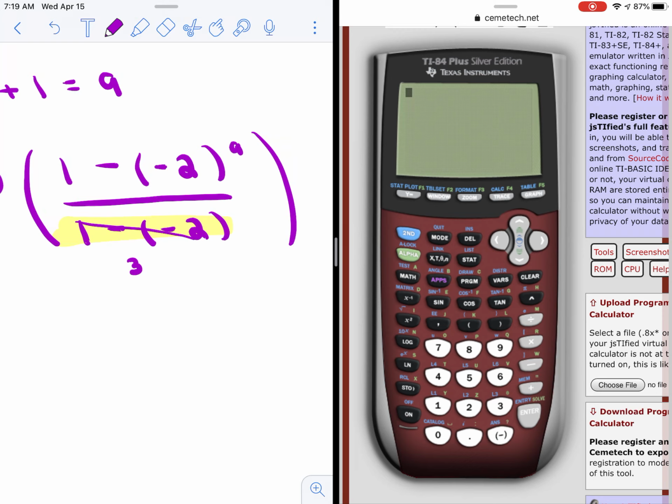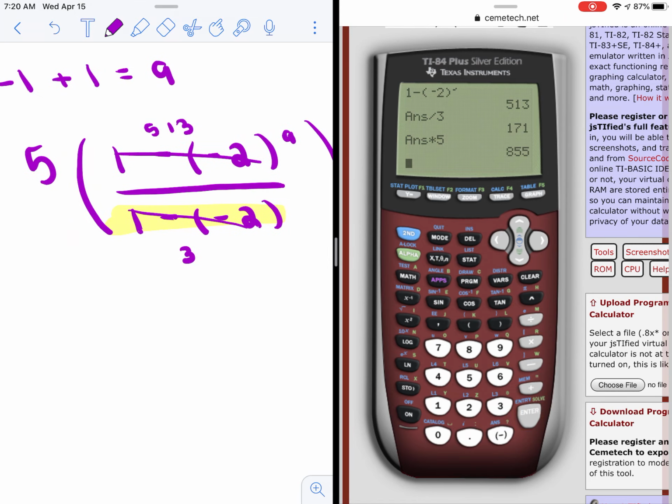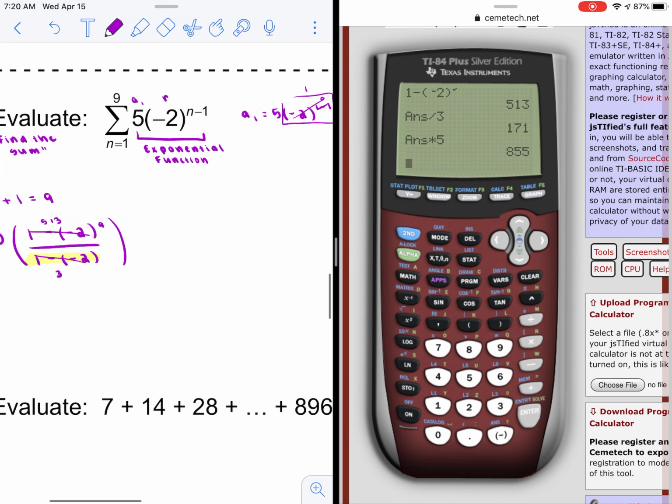Do not make a 1 plus because remember we have to do the exponent first. I think it's easier just to do 1 minus parentheses negative 2, raise that to the 9th power, and you're going to get that answer of 513. Now take that answer, divide it by what you got in the denominator, and then take that answer and multiply it by 5, and that's going to be your sum for 9 terms of this.